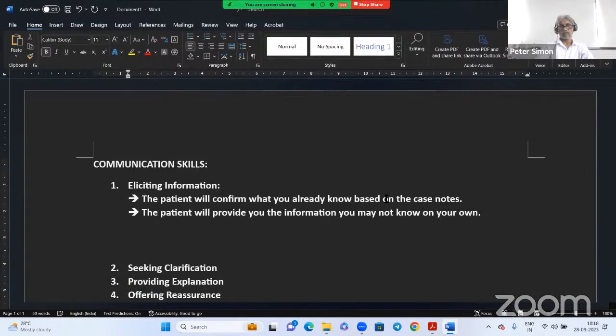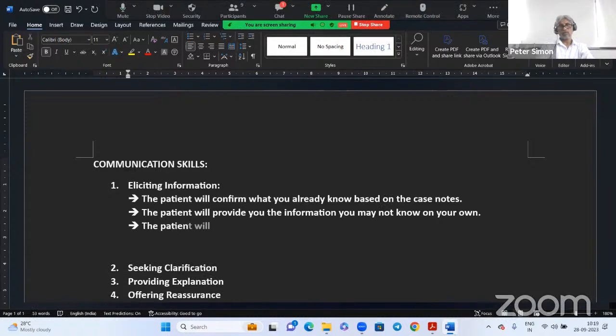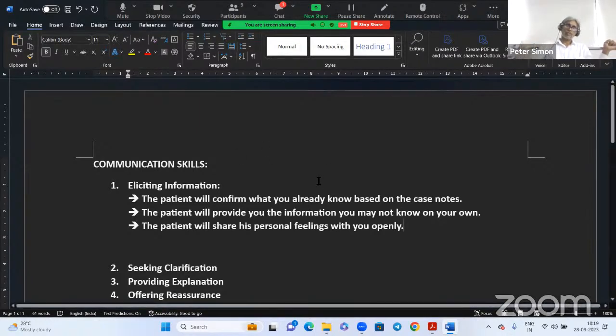And then the patient will share his personal feelings with you openly. So these are the three things, because he will not share otherwise. So when you elicit information, he'll share these points.